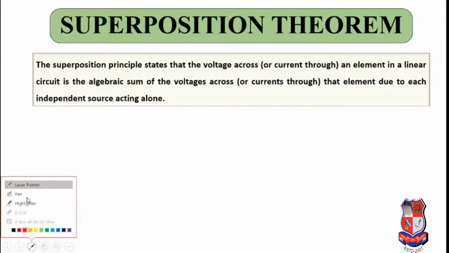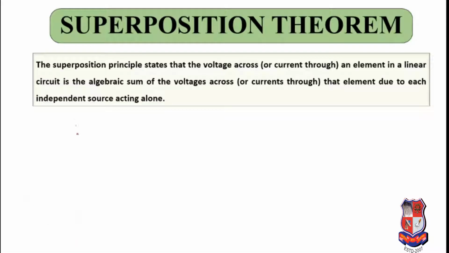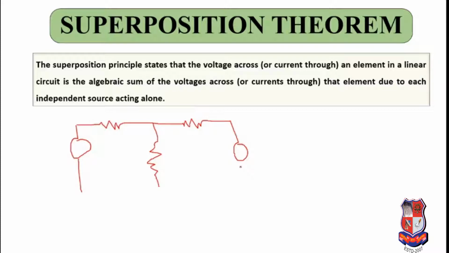Suppose I have a circuit in this manner. This is another resistance and I have another source. I want to find the voltage across this resistor or the current through this resistor, either of these two. Let me erase the current part first.